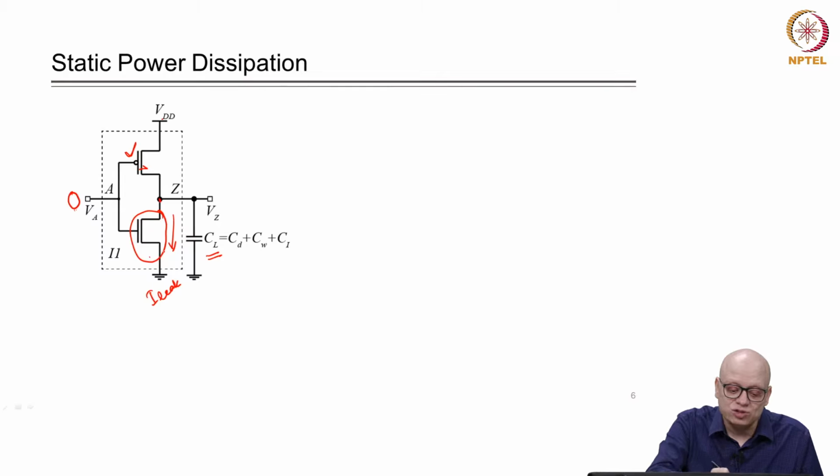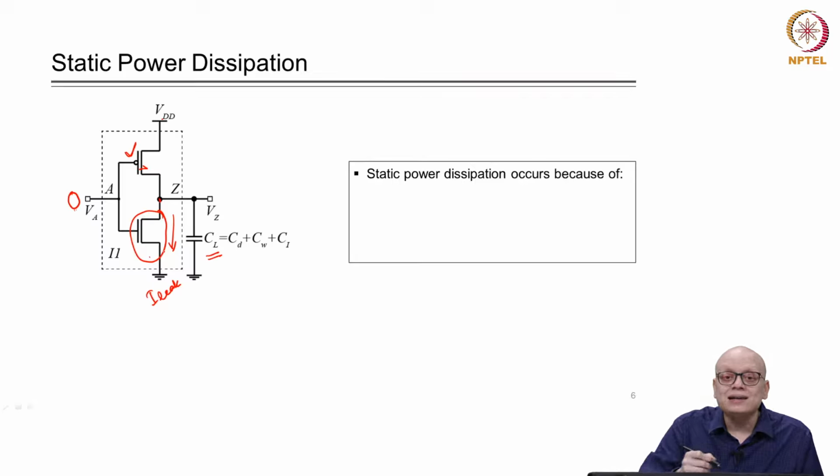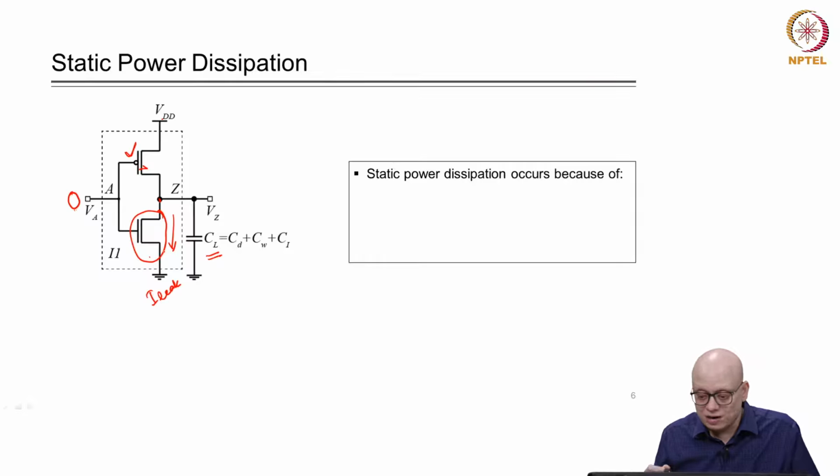If this switched off transistor was an ideal one, I leak would have been 0 and static power dissipation would have been 0. But because of various reasons, this I leak is appreciable. At advanced technology nodes, this has become significantly larger. And why does this I leak exist? There are a few reasons.